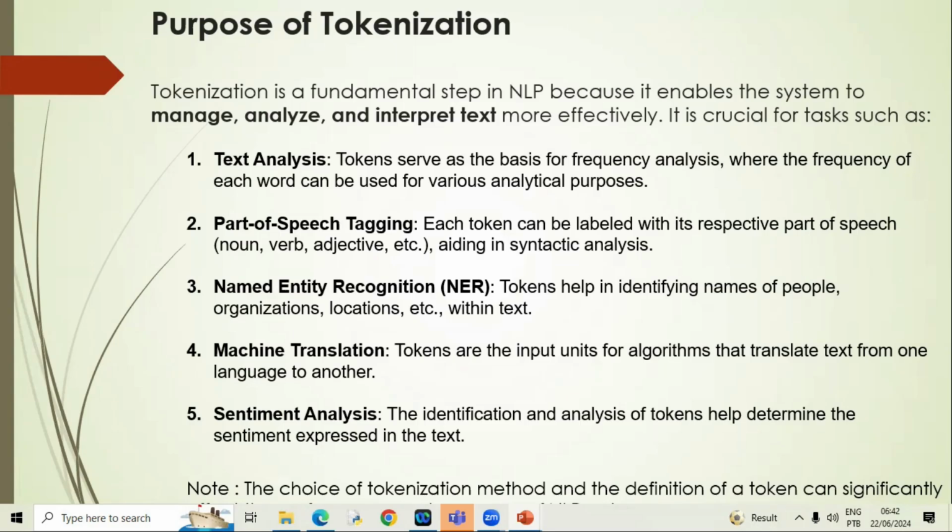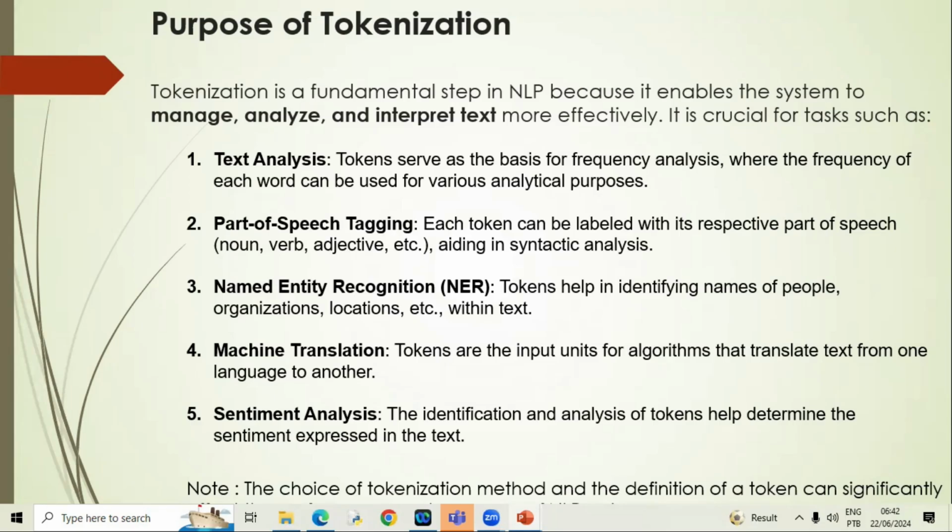We'll understand the details of what speech tagging is. Similarly, tokenization is also helpful for named entity recognition. In a particular sentence, there may be a name, and we have to understand it's a name, not a noun, verb, adjective, or any stop symbol. That is also useful to understand.